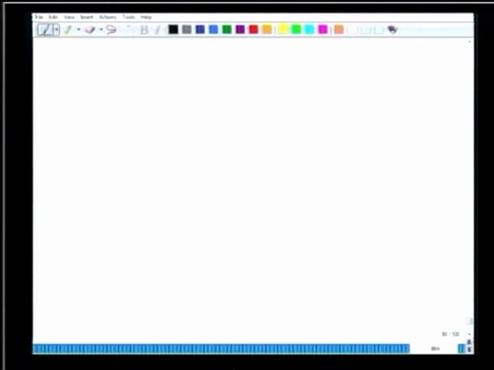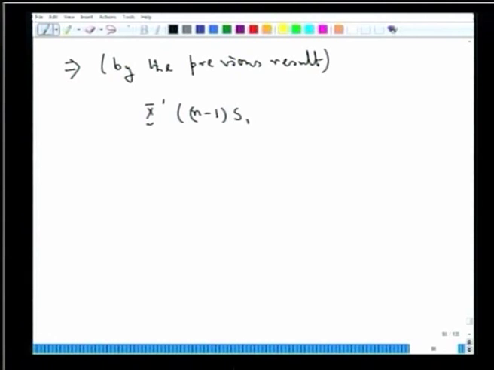We can write that this would imply by the previous result that x bar transpose, now this has got a Wishart distribution there, n minus 1 S_{n-1} inverse x bar, divided by x bar transpose sigma inverse x bar.